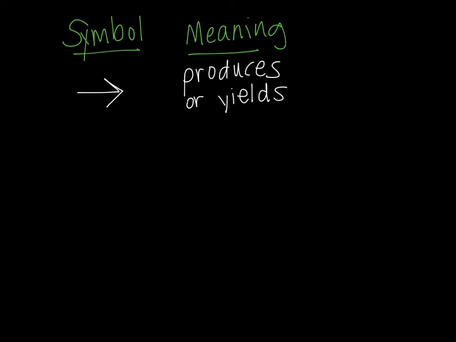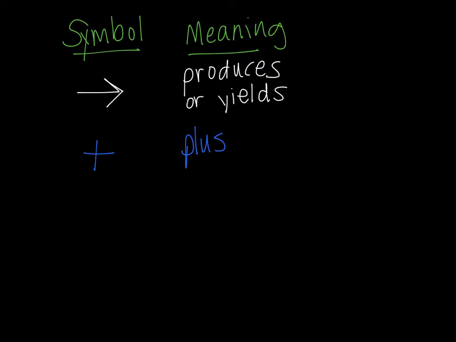In between each chemical that's being combined, or in between each product that's being made, you'll see a plus sign. And a plus sign just means those two things are being combined on the reactant side, or those two things are being made on the product side.